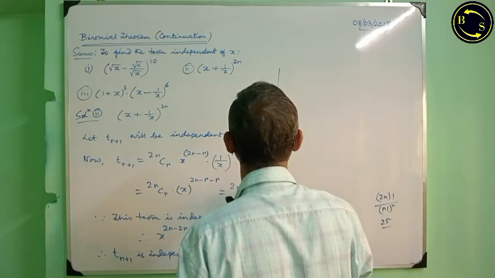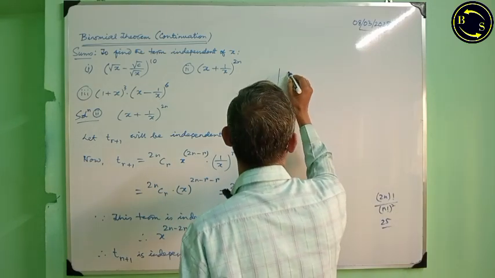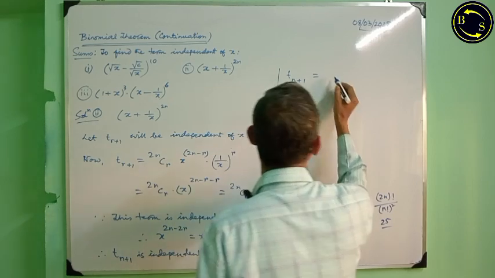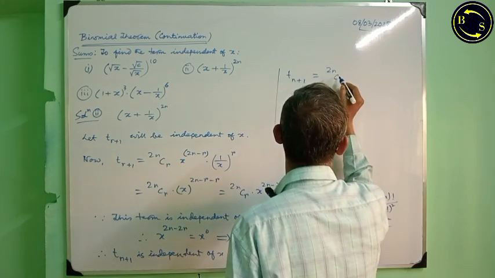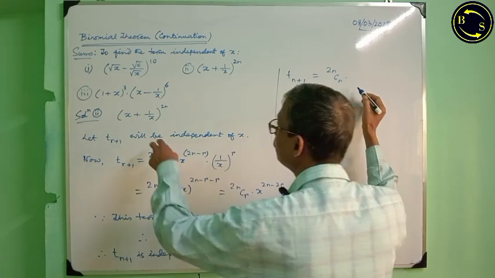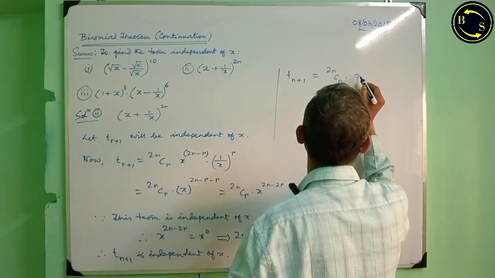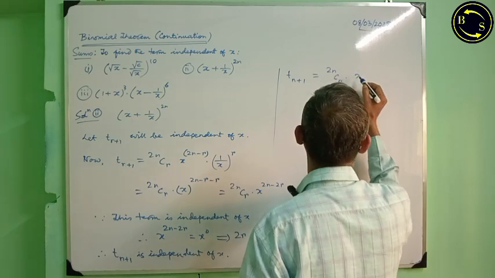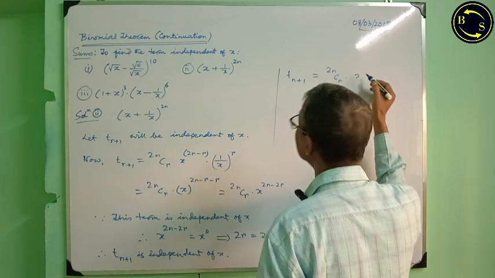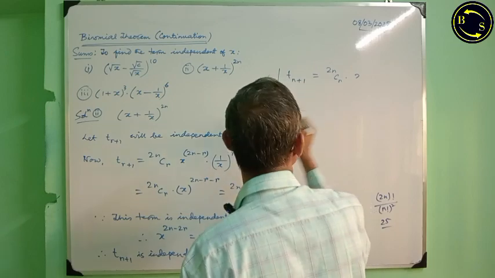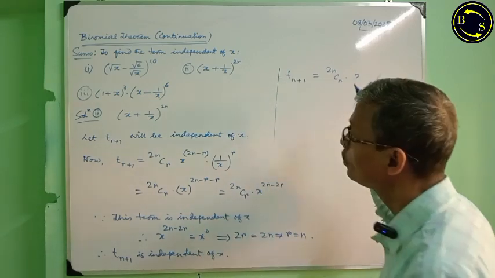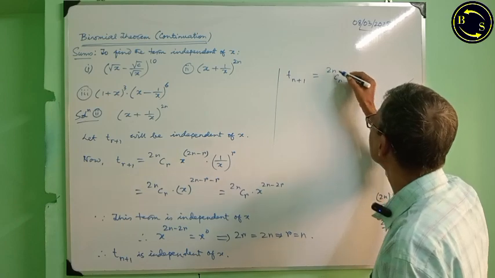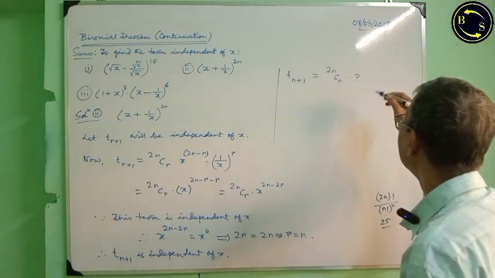Then we find that term t n plus 1 is equal to 2n Cn into a to the power n minus r. Since it is independent of x, we need not write the next two factors. Therefore it will be 2n Cn.